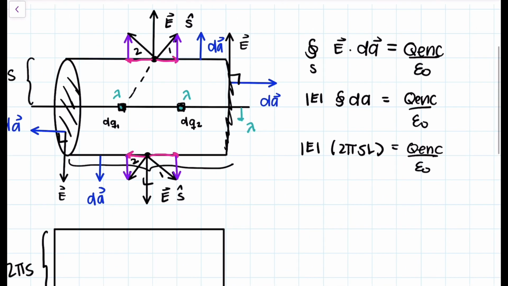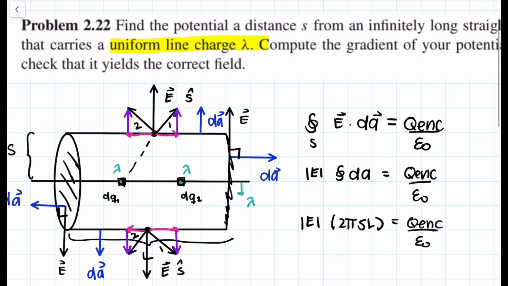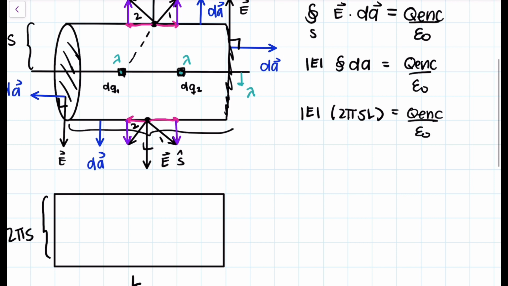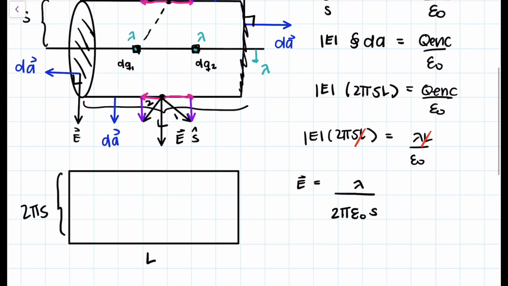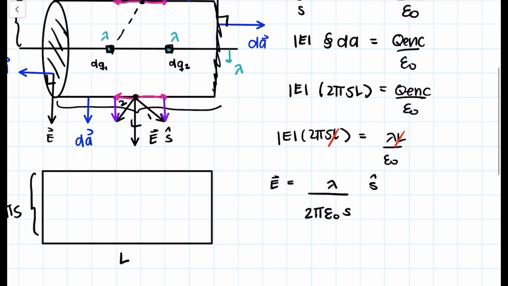So the charge enclosed will be the line charge lambda multiplied by the length of the Gaussian surface. The L's cancel out, and we can solve for the electric field. And as we mentioned before, it is in the s hat direction.